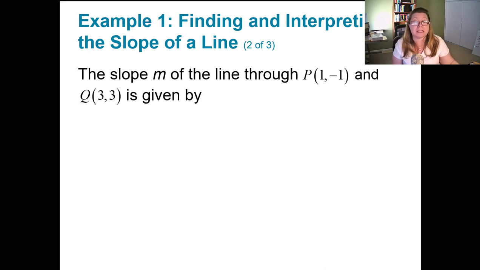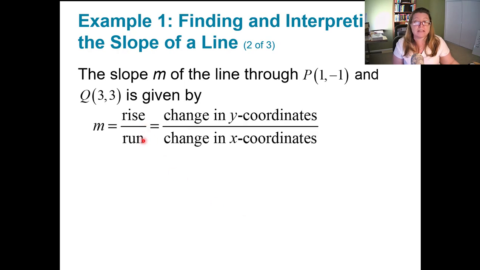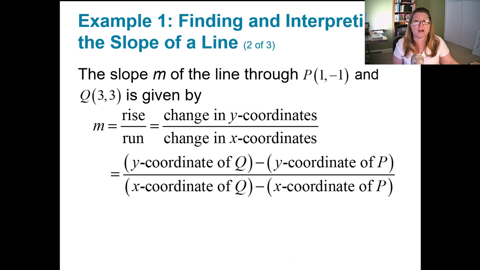Now mathematically, let's go ahead and calculate that through. We're going to say the rise over run, the change in the y coordinates over the change in the x coordinates. And let's plug in all of those values.